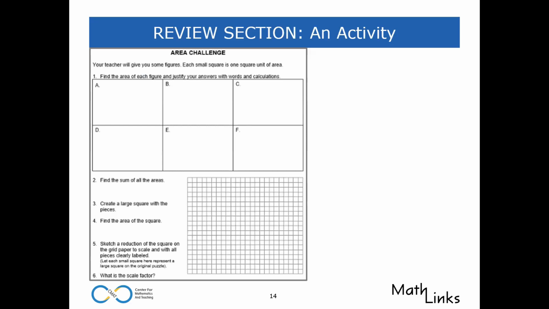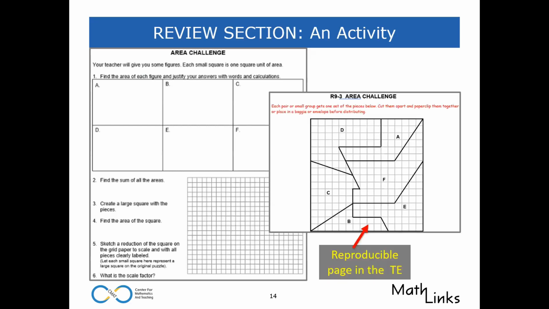Now on to the review section. There are usually about 3 activities that address the major goals of the unit, most of which are great for collaboration. Modifications on many of these may be made when teacher preference calls for individual student work.